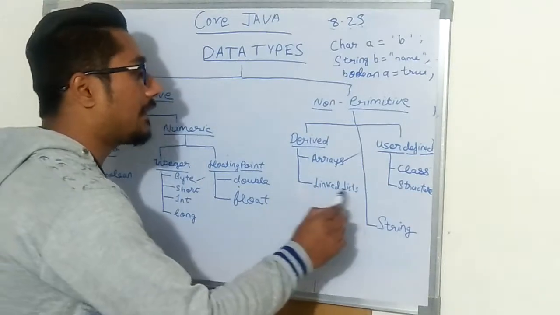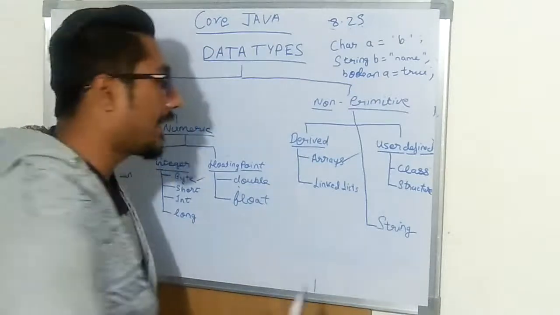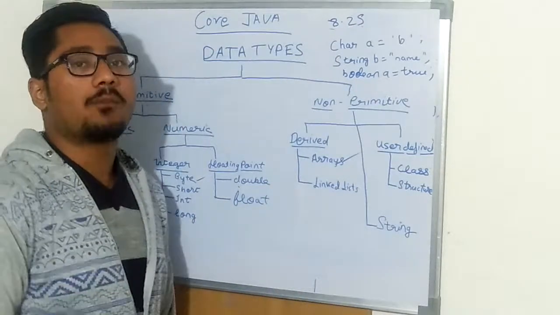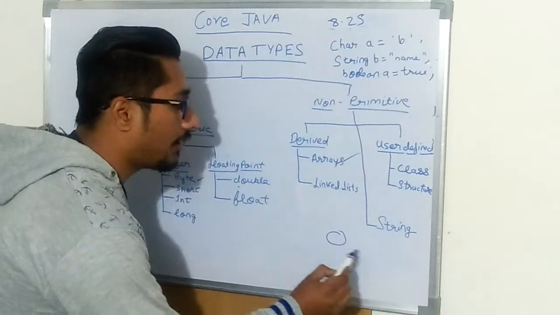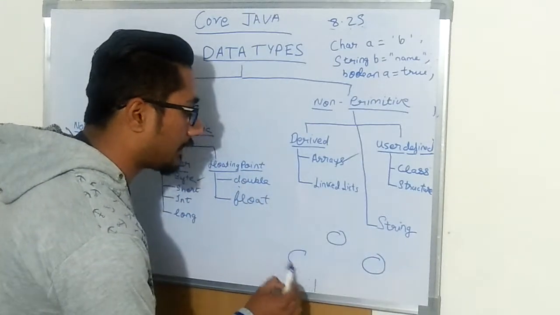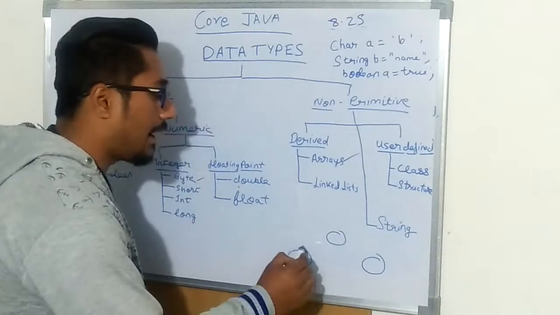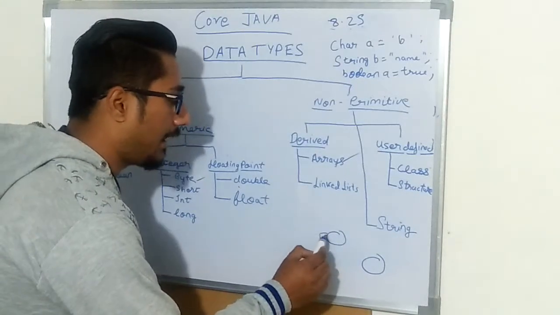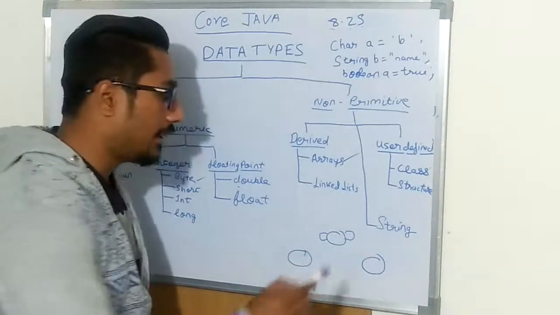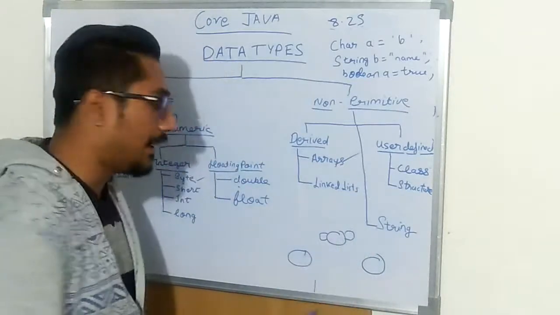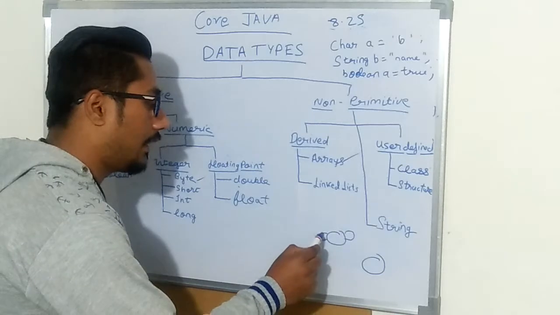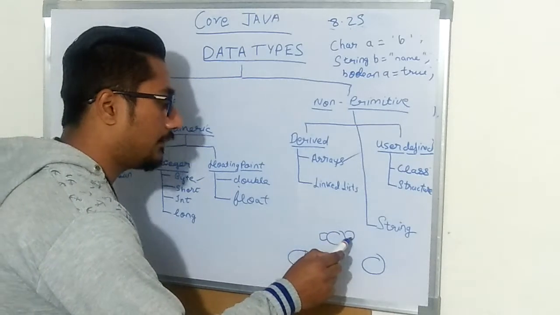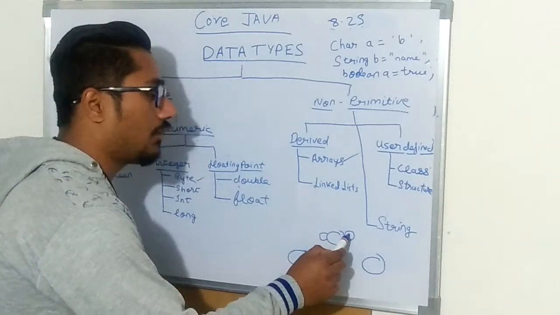Now linked lists are the same as arrays, except that instead of boxes we use a separate technique, which are called nodes. We use these circles, known as nodes, and each has a head and a tail. What is the use of a head and tail? The address of the next node is stored over here.